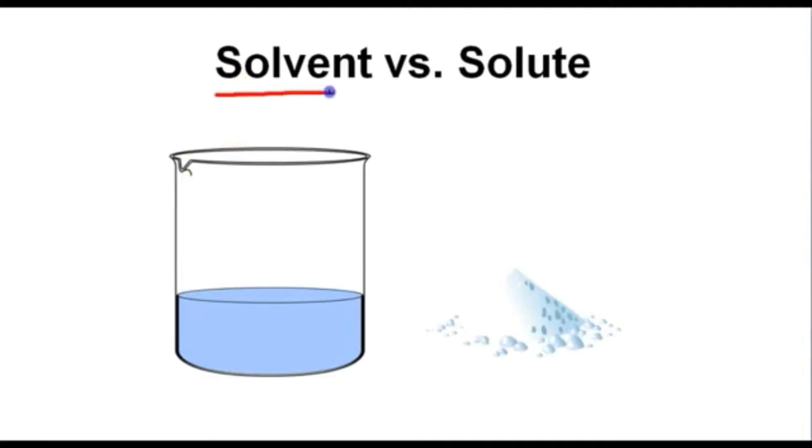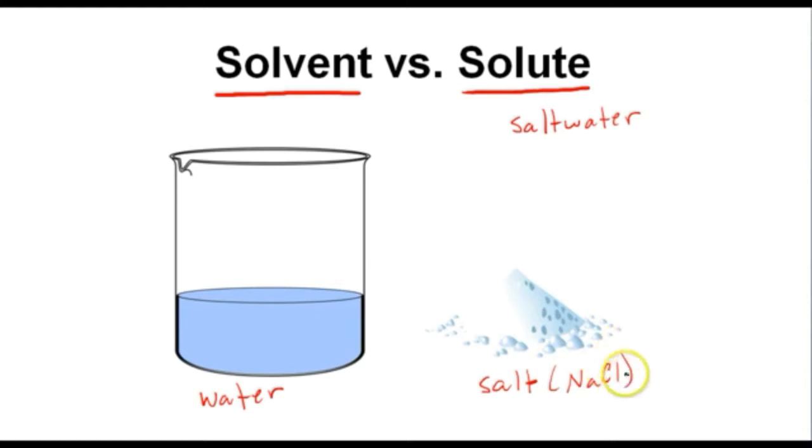Now, let's proceed to the components of a solution. The solution has two components. We have solvent and solute. The solvent constitutes the larger component of the solution, while the solute is the smaller component of the solution. In this salt water solution, water is the solvent and salt is the solute.